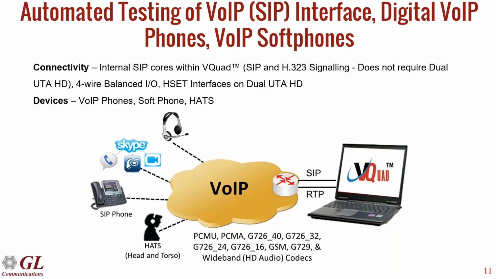You fully configure how the VQuad SIP user agent will connect to the SIP network. And we can then place SIP calls. You can specify what the codec is. Again, we support all different codecs, and there's a full list on our website. So full testing of SIP, both call control as well as voice testing.